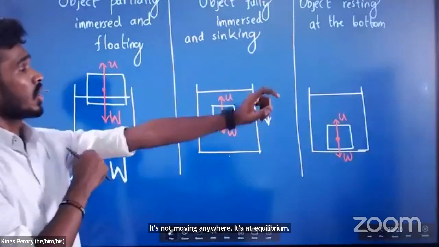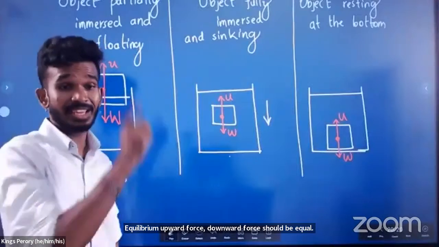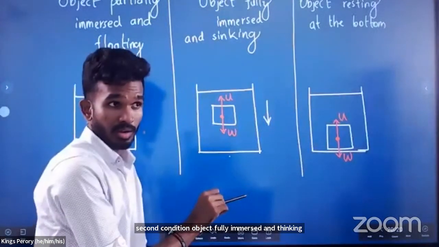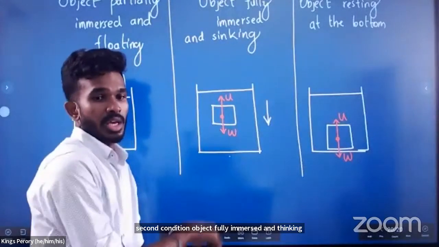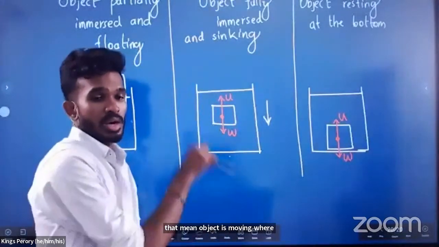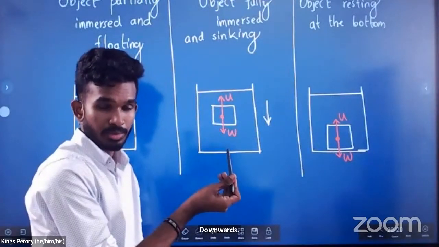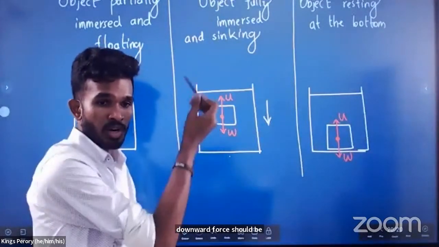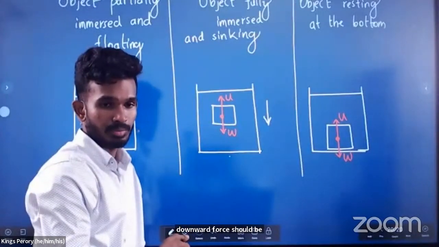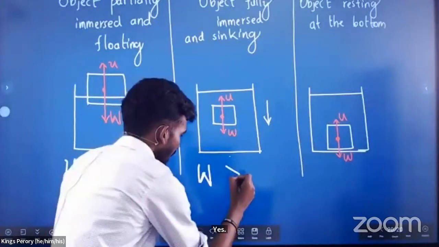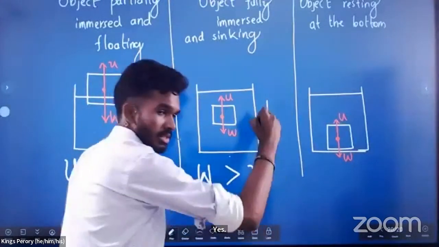Second condition. Object fully immersed and sinking. That means the object is moving downwards. If the object is moving down, downward force should be higher and upward force should be lower. W should be greater than U.